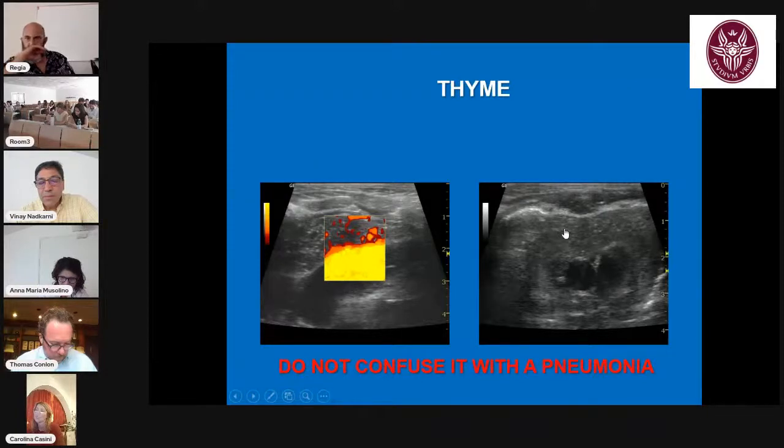And if we use color Doppler, we see that it is not a consolidation, but is the gland, the thymus, that disappears at 5 years of age, and it's very common to see in infants.